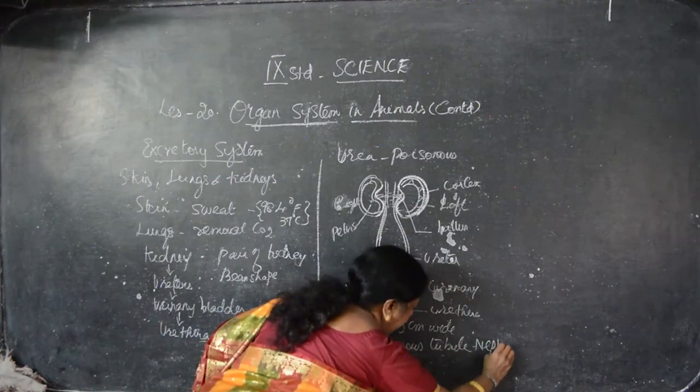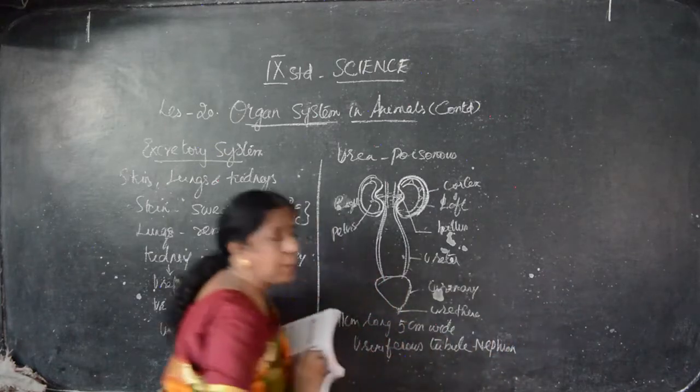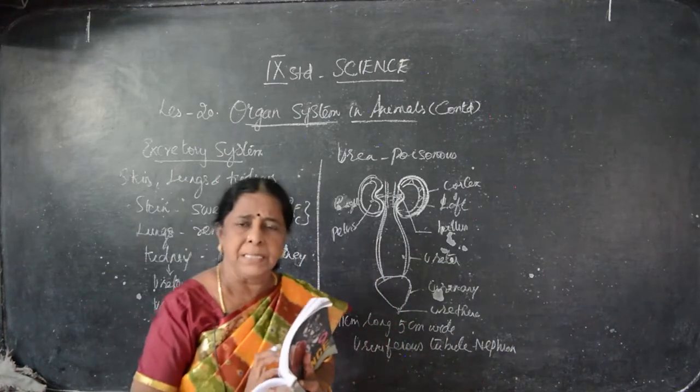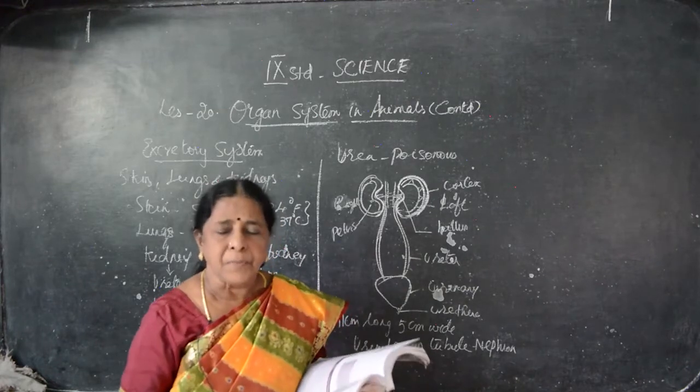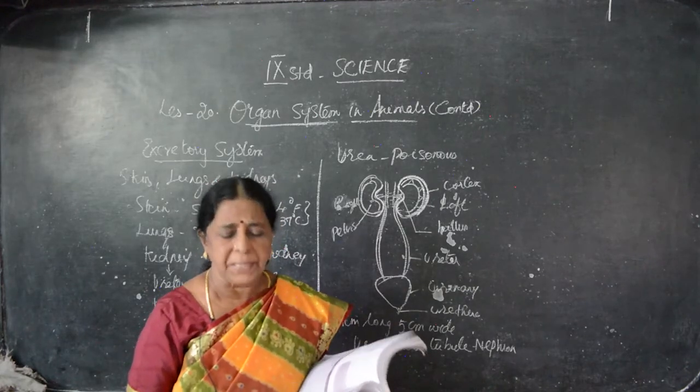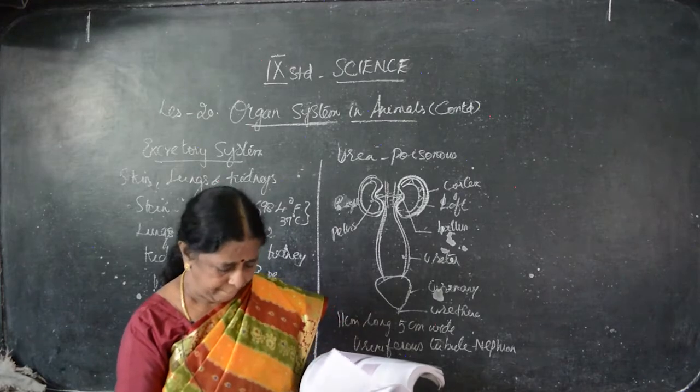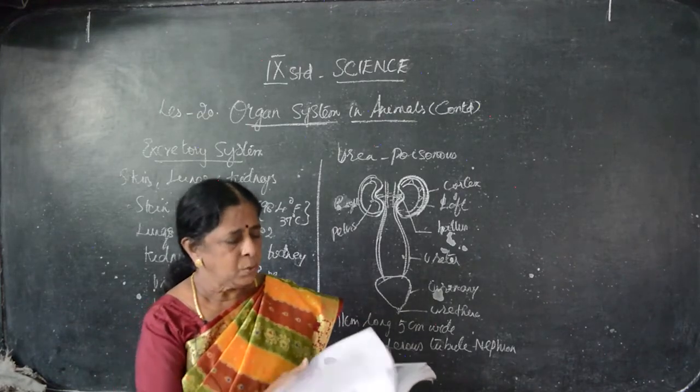Nephron. The nephron is the unit of the excretory system. The nephrons collect the waste material, toxic material from our body.